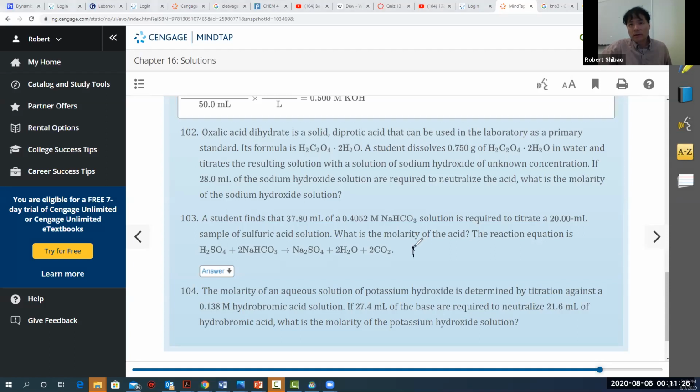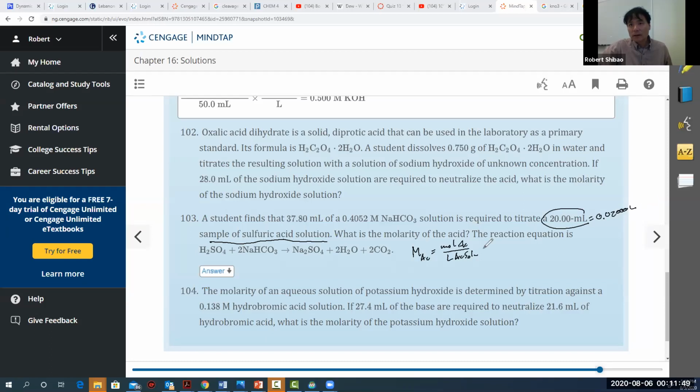What do we need? Molarity of the acid, in this case, we need the moles of acid divided by the liters of acid solution. This is 20 milliliters of sulfuric acid solution, which is 0.02000 liters because we have 4 sig figs.